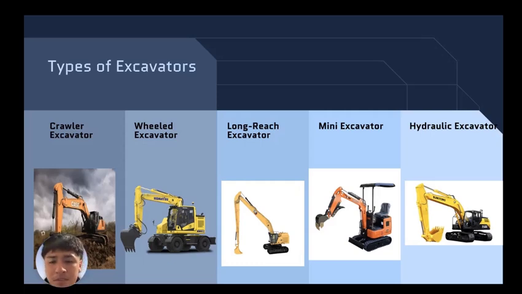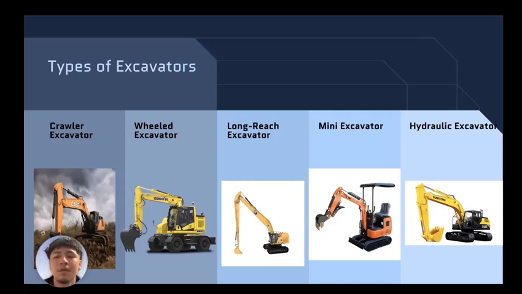And then we got a wheeled excavator. This one has wheels, so you could use it driving on top of the highway or moving on concrete, and it's still used the same way. And then we got the long reach excavator. This one, you're trying to get a little farther, or bring it up a certain amount. And then we also got this mini excavator.